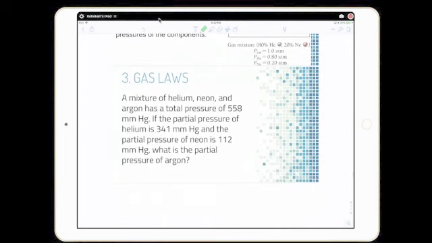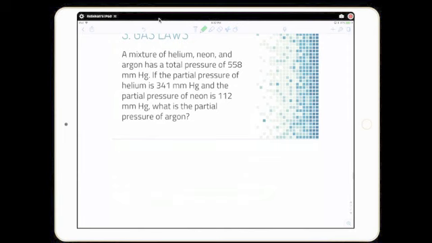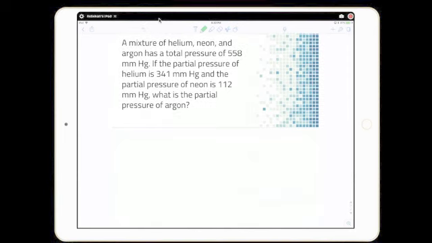So let's look at this example. A mixture of helium, neon, and argon has a total pressure of 558 millimeters of mercury. If the partial pressure of helium is 341 millimeters of mercury, and the partial pressure of neon is 112 millimeters of mercury, what's the partial pressure of argon? So they give us the P total is equal to 558 millimeters of mercury.